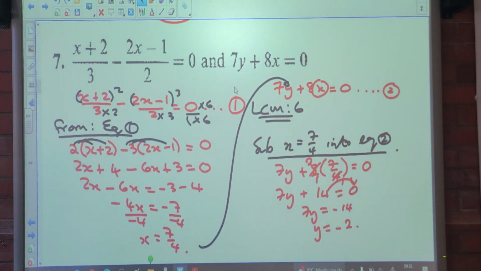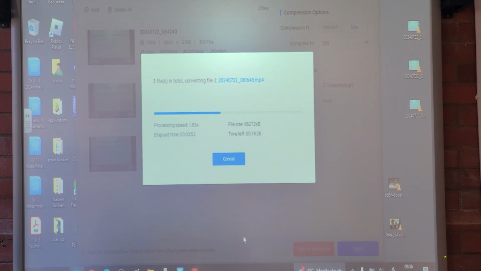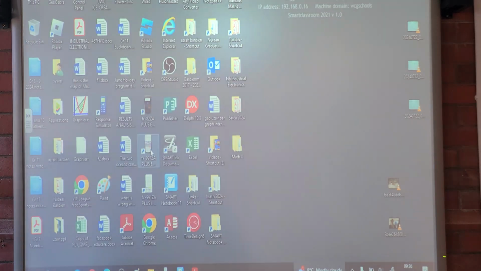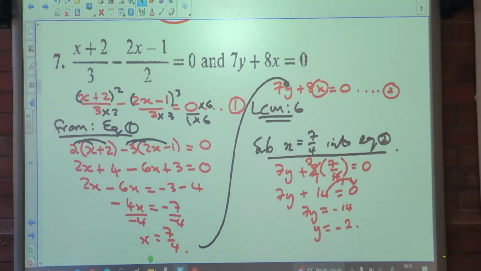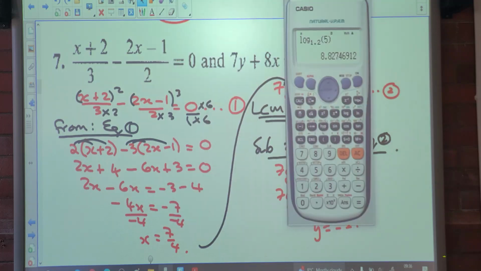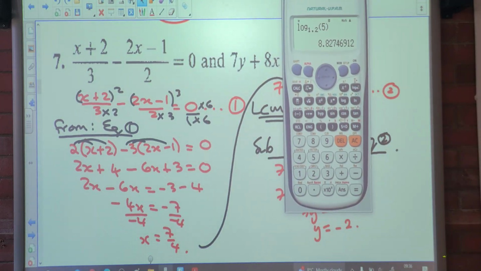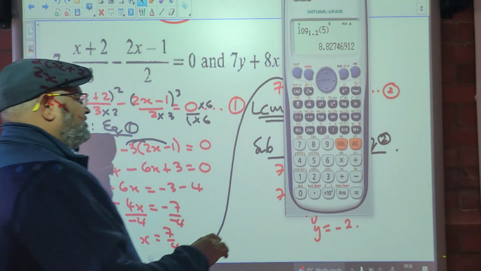Of course, we can test it again. Put out a calculator at this point. So x is 7 over 4.